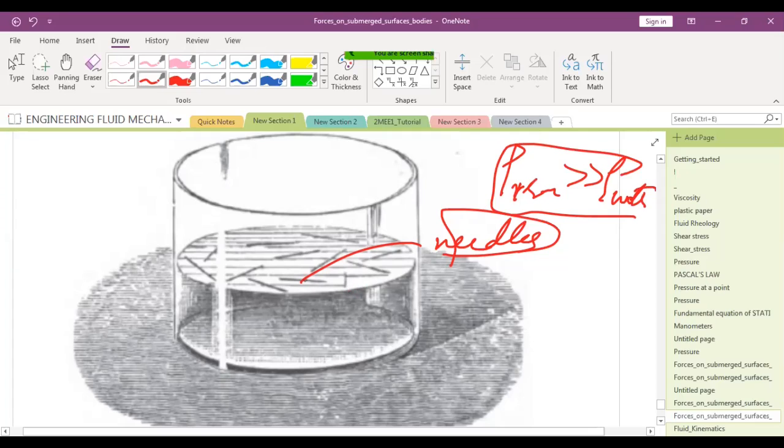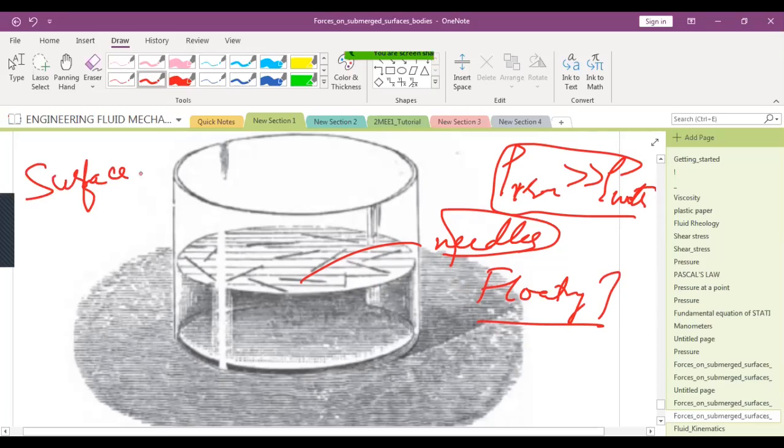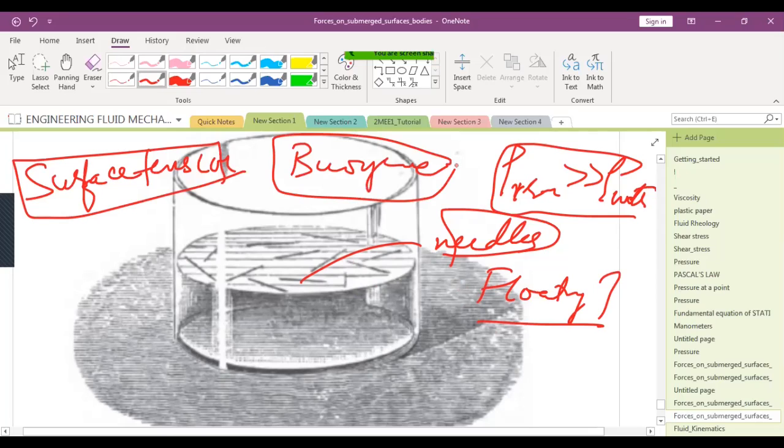So why are they floating? सर पानी का सरफेस टेंशन जो है वो उनको सिंक नहीं होने दे रहा. So you are correct. Here there is a surface tension force. So please don't confuse this with buoyancy. These are two entirely different concepts. Here nothing has to do with how much water is being displaced by the body. So please remember that: don't confuse surface tension effects with buoyancy effects.